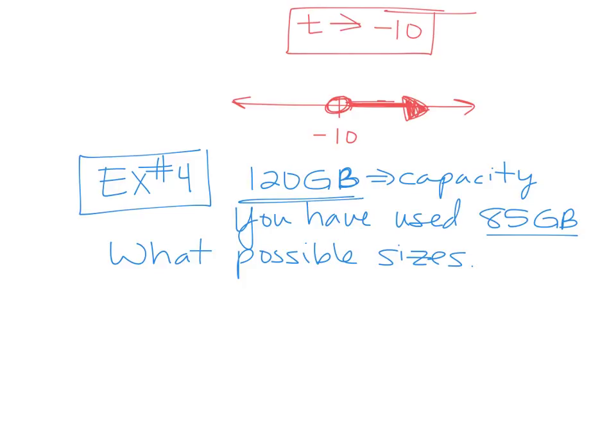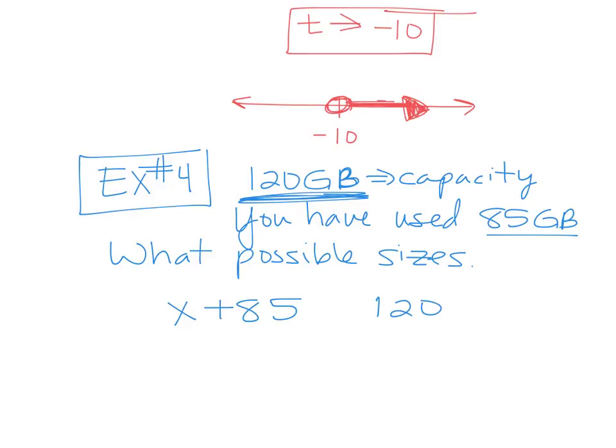So this is total capacity, right? If we were going to write an equation, something plus 85 gigabytes is the total, equals 120. But it's not equals because you can't go over 120, but you could go under 120, right? Rarely are you using all the space on your computer. So you would do x plus 85 somehow relates to the total of 120.